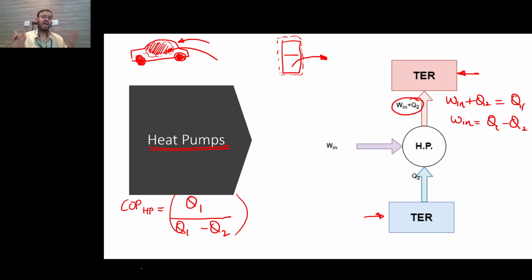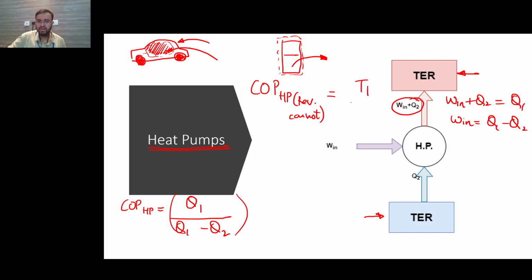Again, we consider the limiting condition, that is, if the heat pump is operating on something called a reverse Carnot cycle, so if it's operating at the maximum possible efficiency, that of the reverse Carnot cycle, then that limiting COP of the heat pump can be expressed in terms of the temperature.